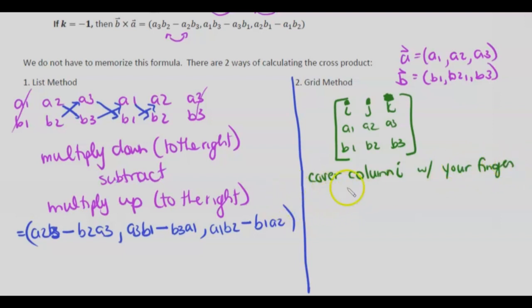And then we multiply down to the right, subtract, and then multiply up to the right.